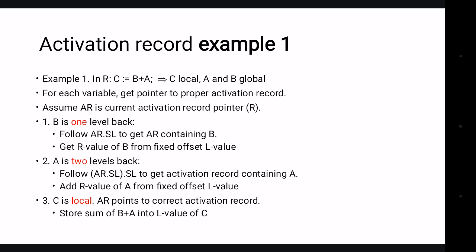Assume AR is the current activation record pointer and B is one level back. So we get the R-value of B from a fixed offset. A is two levels back, and we add the R-value of A from a fixed offset. C is local here. We store the sum of B plus A into the L-value of C. This is a clear example of the activation record stack.